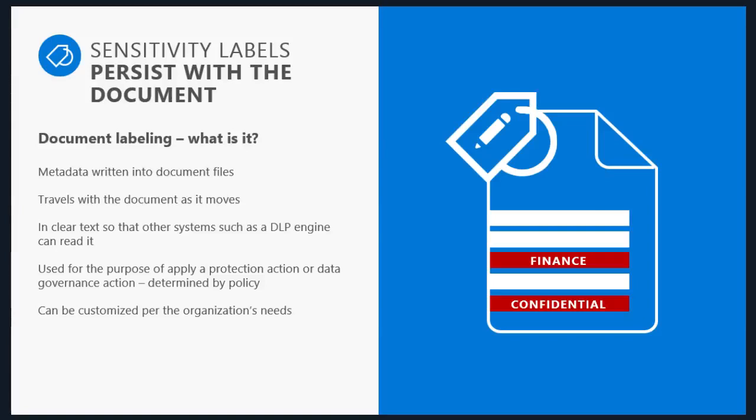So if it's a Word file, you'll have attributes which any system can read because it's in clear text. So if you have a third-party DLP engine, you can actually base third-party DLP engine rules on the classification labels that you've designed organizationally, because they can read that. It's not in any sort of proprietary language. You don't need any special access. Everything really is in clear text as it relates to the metadata, and it follows the document.